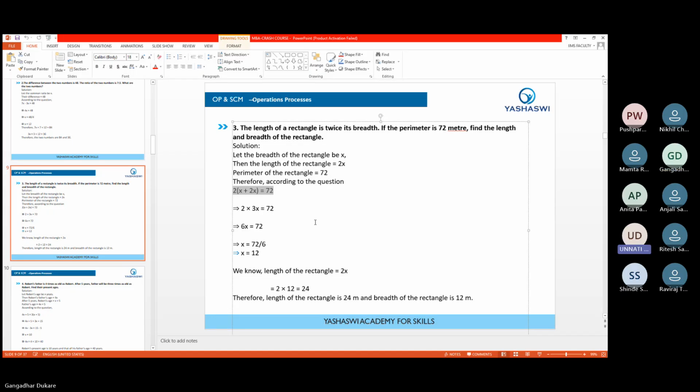Sometimes the questions are very easy, but sometimes they come in a very indirect way. Then you have to imagine how the formula would look and how we would put it into that particular question.